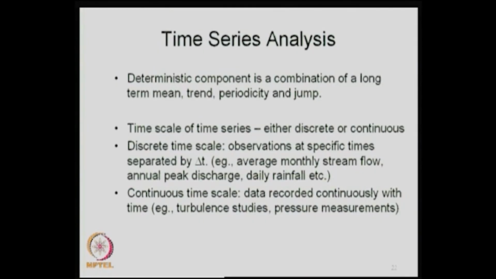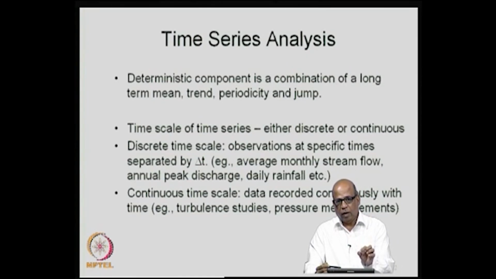In the discrete time scale, which we will be focusing on, we are dealing with observations at specific times separated by delta t. So, when we plot a discrete time series, we will be plotting, let us say, monthly stream flows for June of 1950, July of 1950, August of 1950 and so on.